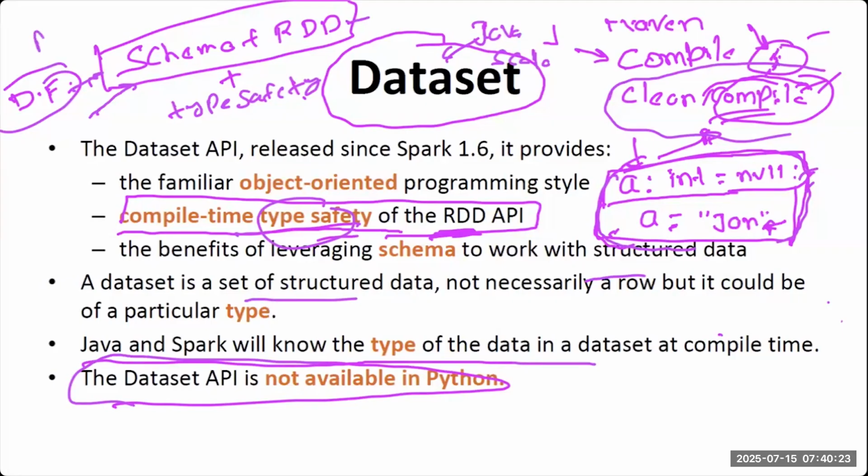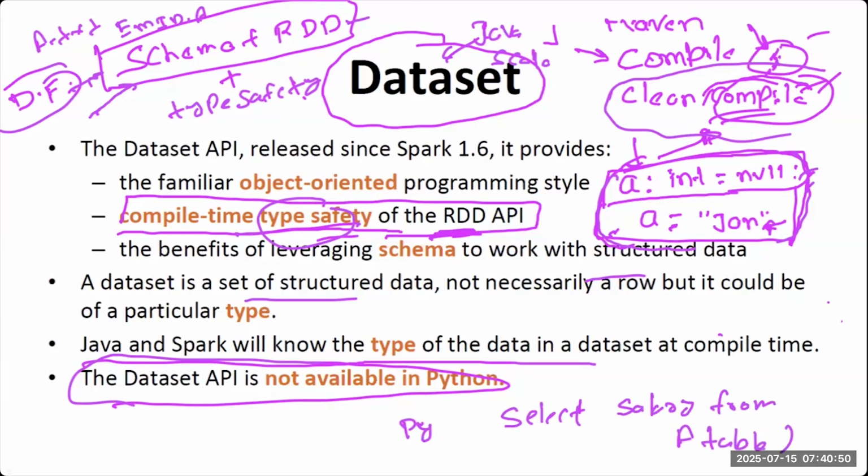Let's suppose you have a.txt, which has two columns, employee ID and age, as I showed you. In PySpark, writing your Python, you wrote select salary from a table, but your table does not have any salary column; it only has employee ID and age.